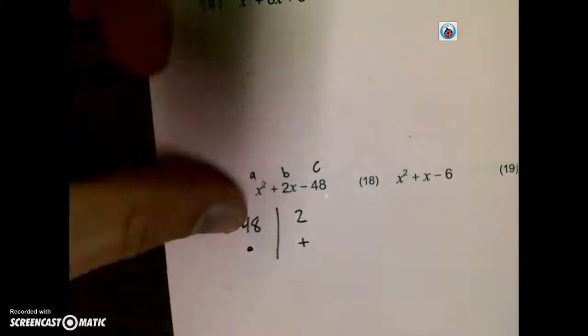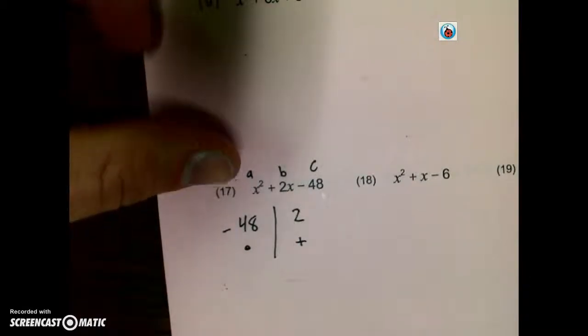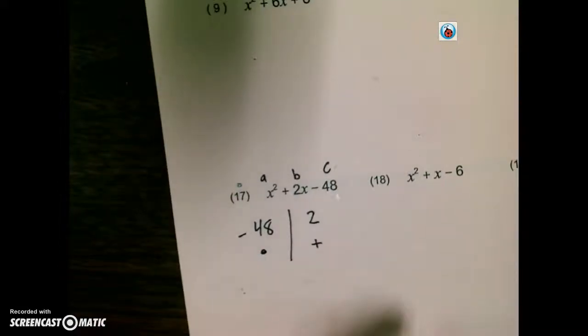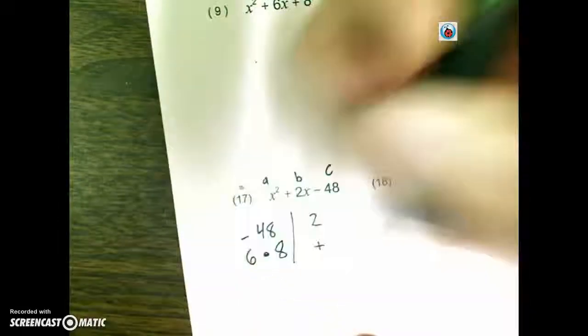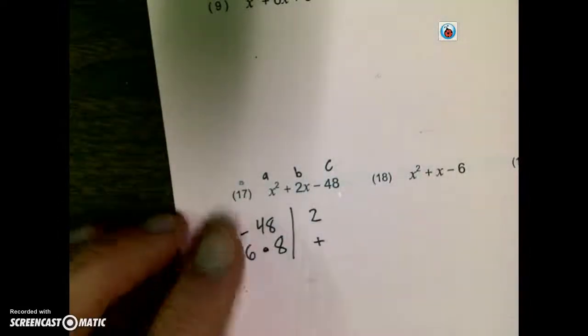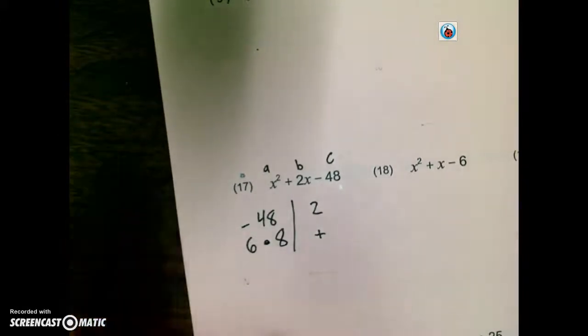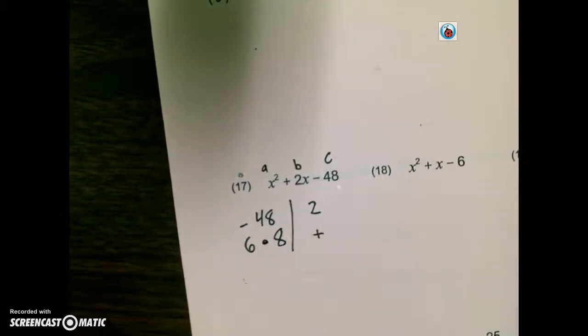Now on this, I see that I have a negative number, which means one of my terms is going to have to be positive and the other term will have to be negative. And that's going to depend on which one, by us being able to get this combination to 2. So you may recognize that 6 times 8 gives us 48. But since I need a negative 48, I'm going to put a negative sign with one of these, either the 6 or the 8. And it does matter, because if I put it with the wrong number, I'm not going to get a positive 2.